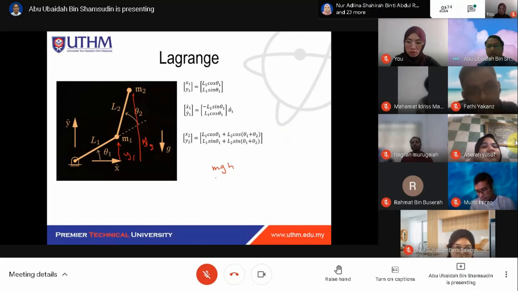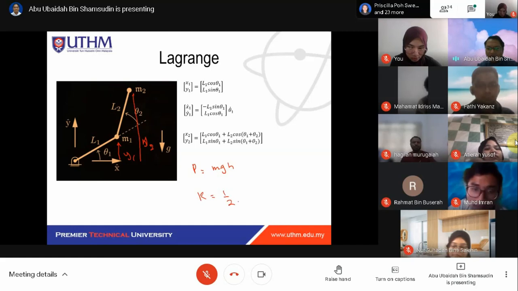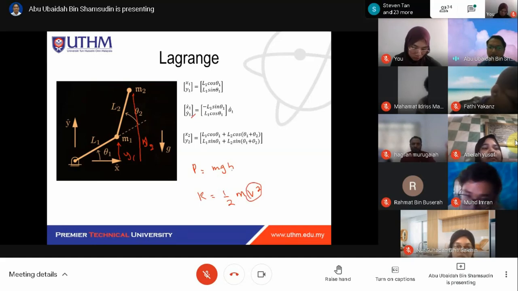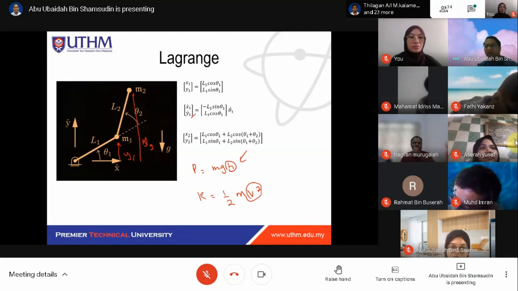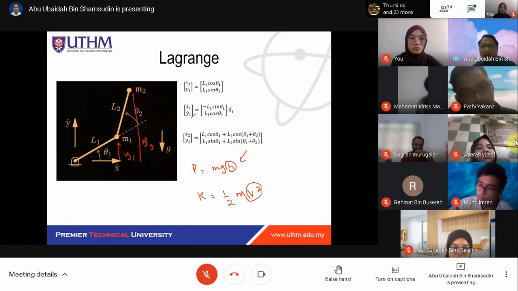Another equation is the kinetic energy k, which is half m v squared. Here we already found the v, so we just need to put it inside here. h is y, so we just insert the y here, and we can solve our Lagrange equation. After this, it's very simple. You just need to put all the values inside the kinetic and potential.